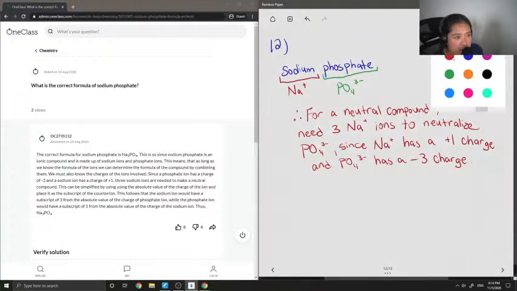So the most stable form of sodium phosphate will be written as Na3PO4.